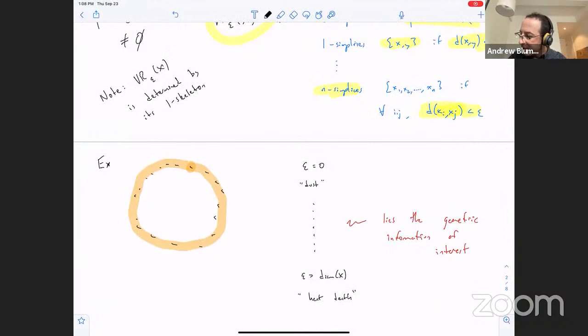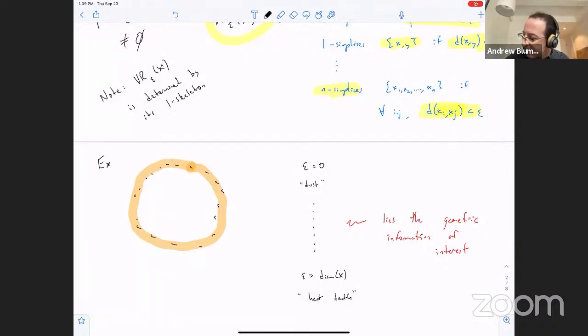When epsilon is equal to 0, then nothing happens. No one is connected, and this is what tends to get referred to as dust. And if epsilon is very small relative to the minimum distance between these points, you see nothing. But if you pick an epsilon that is larger than the minimum distance, you start connecting things.